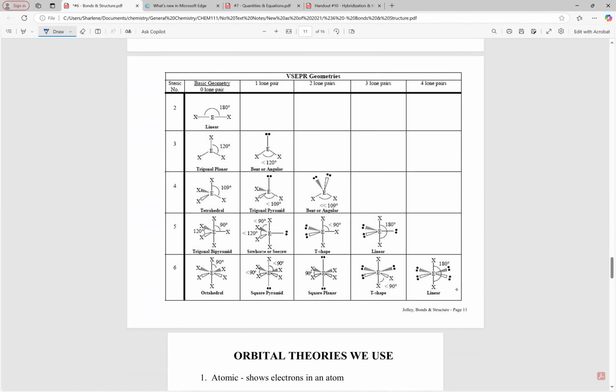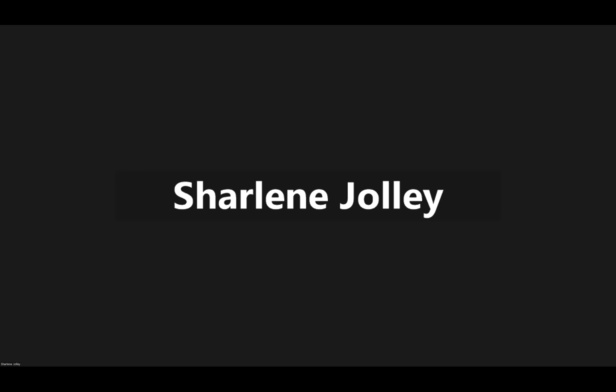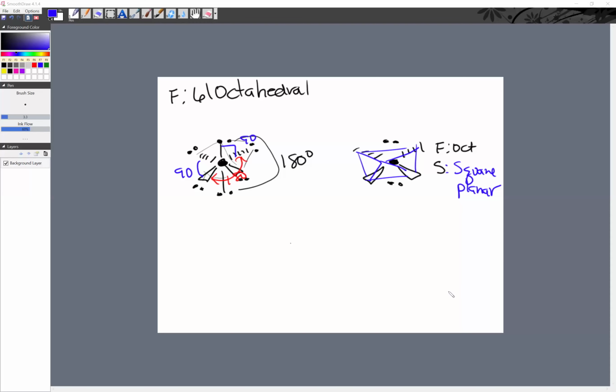One thing to note is electrons do tend to take up a little bit more room than others. So one interesting thing before we get out of valence shell electron pair repulsion is I wanted to point out water. Water has 2 lone pairs and 2 bonds.